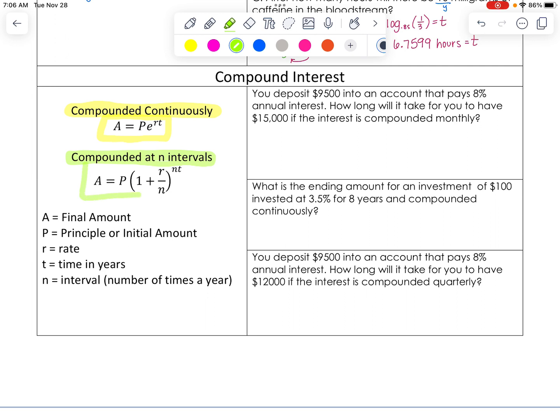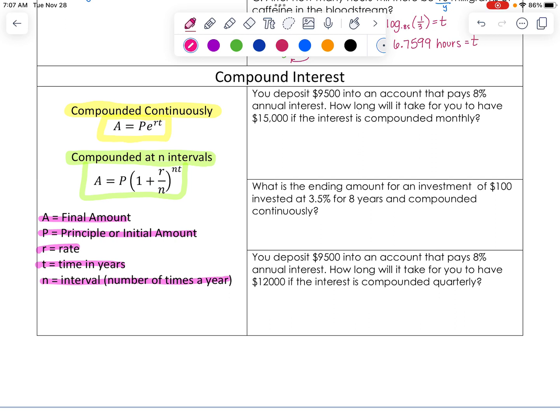And this is the equation for that one. This one doesn't have a fancy name because it's a little bit longer. But down below, we've got all of these different variables defined. A is the final amount, P is the principal, or basically the initial amount, r is your rate, t is the time in years, and n is the interval, or the number of times a year.